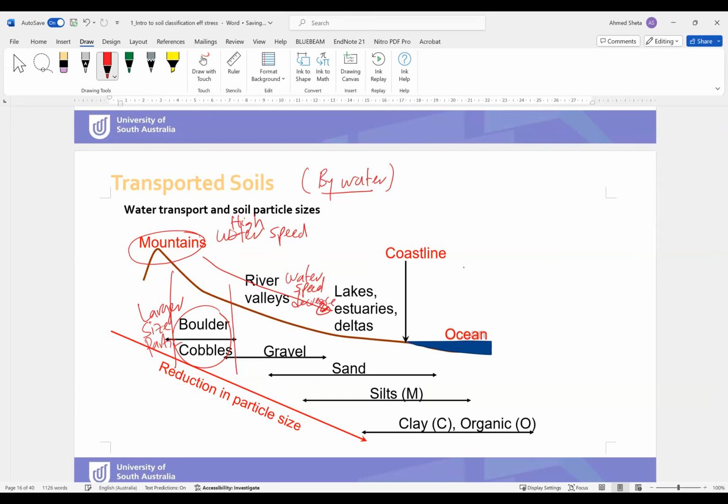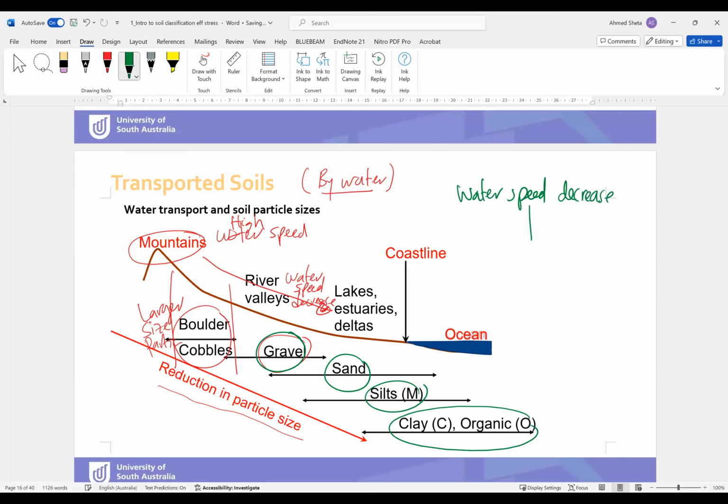So what you can see is when the water speed decreases, the particle size also decreases. So here we have the boulders or cobbles, and then gravels, and then sand, and then silt, and then clay. So when the water speed decreases, the particle size of transported soil also decreases.